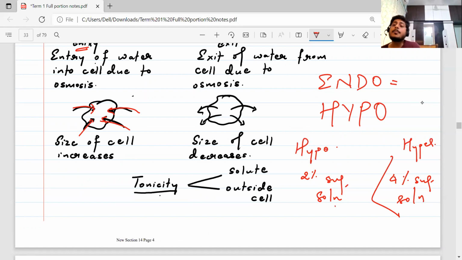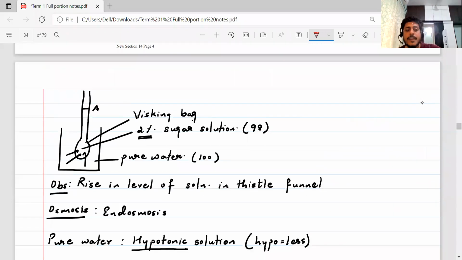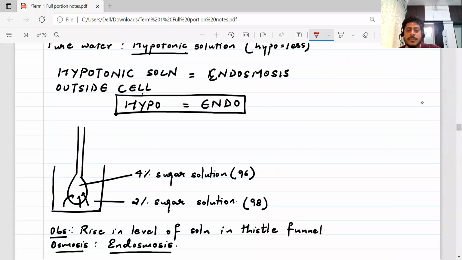So hyper, hypo and iso are to be remembered in terms of solute concentration. And when endosmosis and exosmosis happen, you have to remember based on tonicity. Hypo outside, then endo, cell size will increase. Hyper outside, then exo, cell size will decrease. Iso outside, then same, there will be no change in cell size.